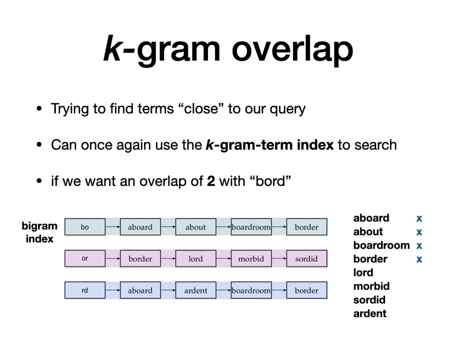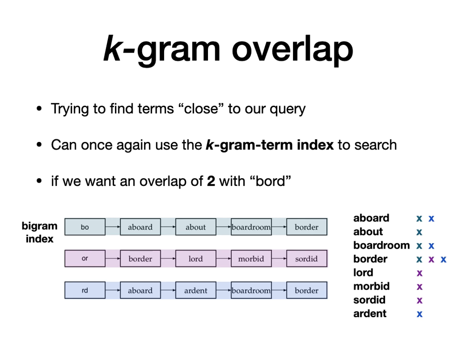Okay, good. So BO gives us those as words that contain one of the bigrams from our bad query of board. We can continue to check OR now. So OR appears in border, lord, morbid, sorted, not ardent. Okay, cool. And then we can look for the RD. So aboard, good. Ardent, good. Boardroom, good. And border, good.